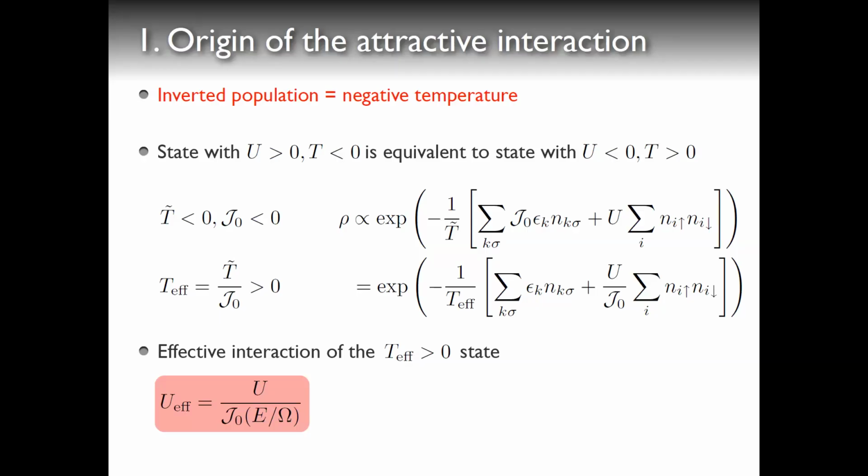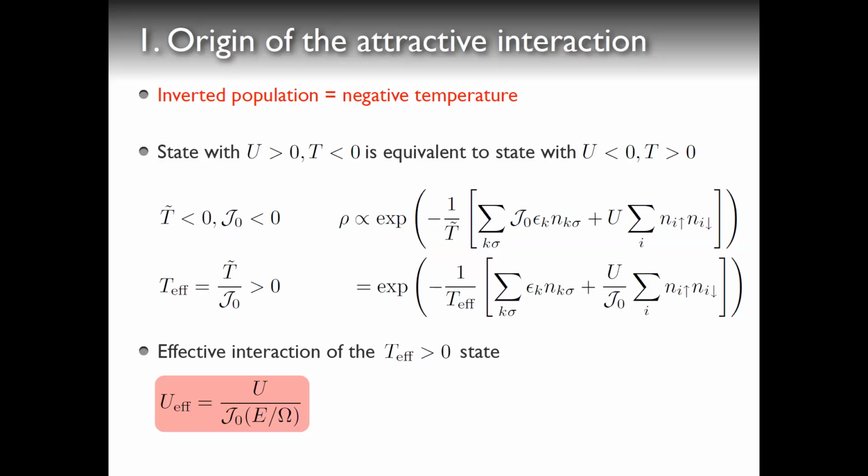Now what we have to understand is that a system with a repulsive interaction and a negative temperature is equivalent to a system with an attractive interaction and a positive temperature. And to see this, let's take the system with the inverted band and the negative Bessel factor and this inverted population, so the negative temperature. And then let's look at the density matrix for this problem.